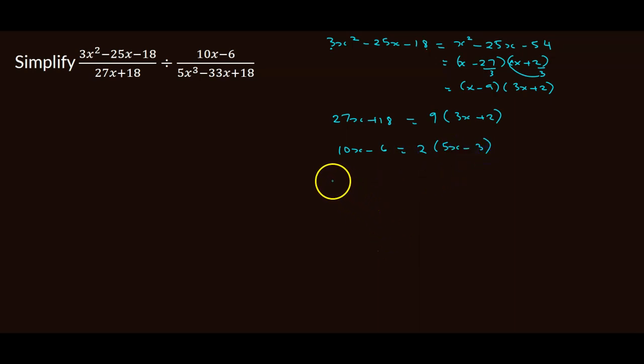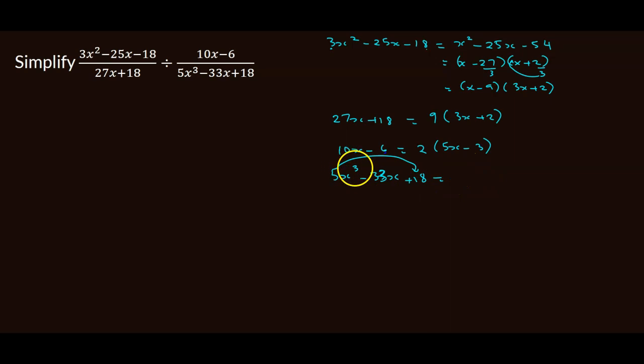And then the last expression here is 5x squared minus 33x plus 18. 5 is not a common factor here, so we're going to do the slide and shift method, which is we're going to move 5 over here and multiply.